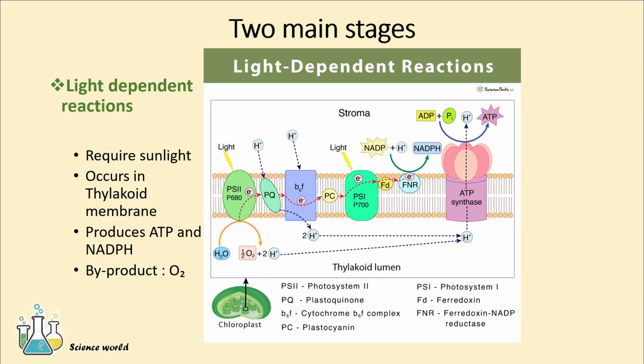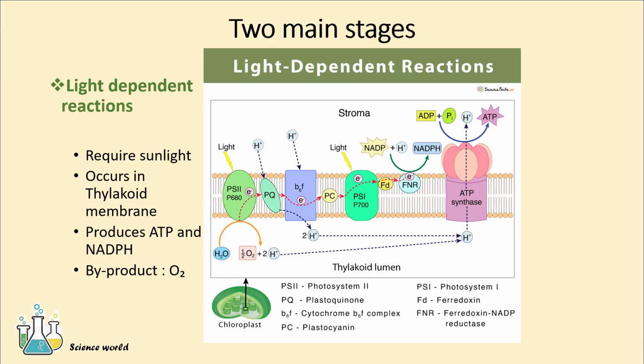there is a demand for electrons in photosystem 2. In the presence of light, the water molecules are split into oxygen, H plus and electrons.